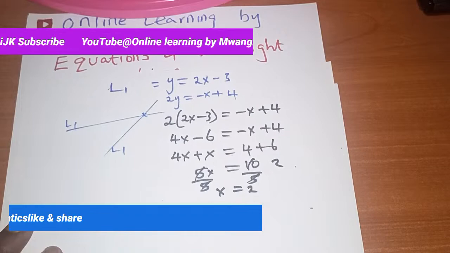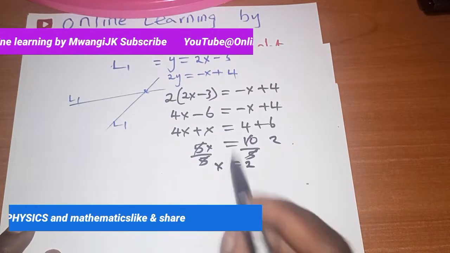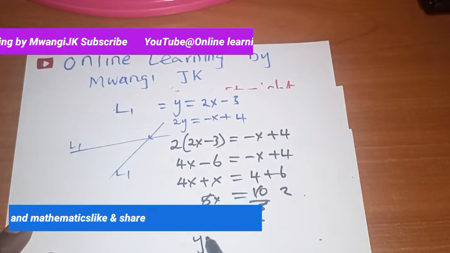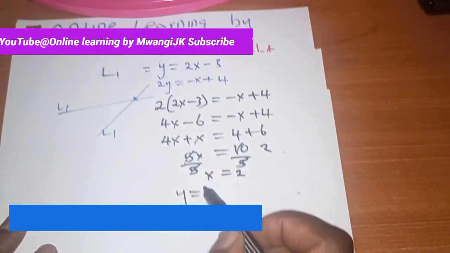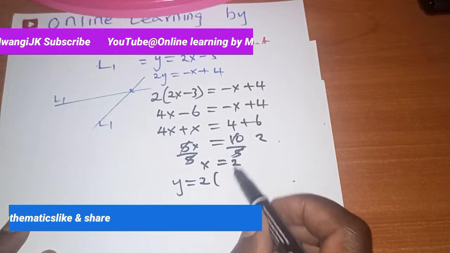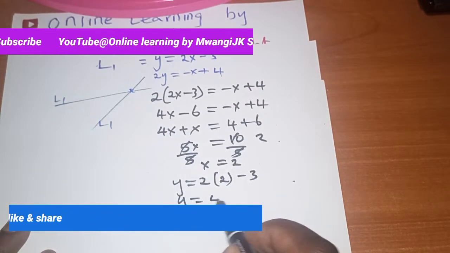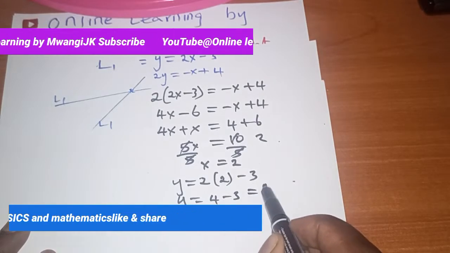But you are not done yet. We require to find y. So y from up here, y is equal to 2x - 3, so we can insert this 2. So y is equal to 4 - 3, which is equal to 1.